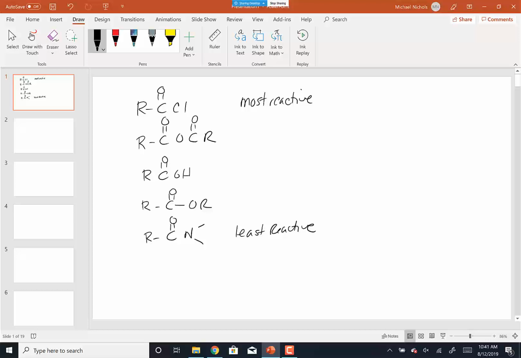So acid chlorides are the most reactive, then anhydrides. Carboxylic acid is not really a derivative, but I put it there because I'm looking at each one of these reactions in terms of this group that I just put a square around being the leaving group. So I'm basically going chloride, best leaving group, anhydride next best, hydroxide next best, OR next best, NH, NR, the N group, least. Best leaving group, or worst leaving group.